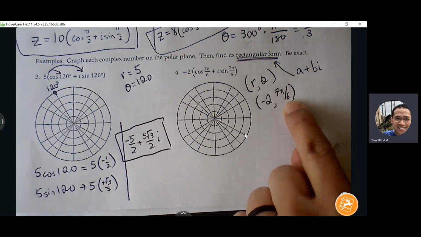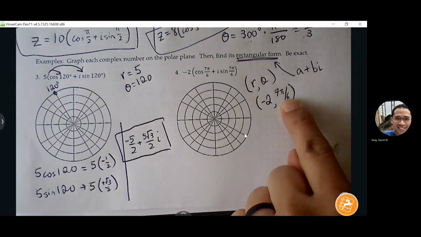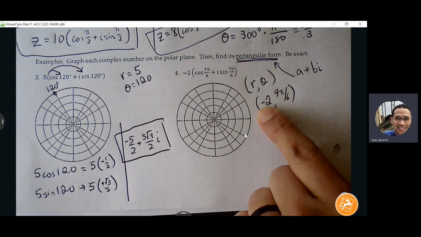Okay. Where's 7 pi over 6? Which quadrant? Third quadrant. What's -2 going to do to it? Push, that's right. Push it to the first quadrant.